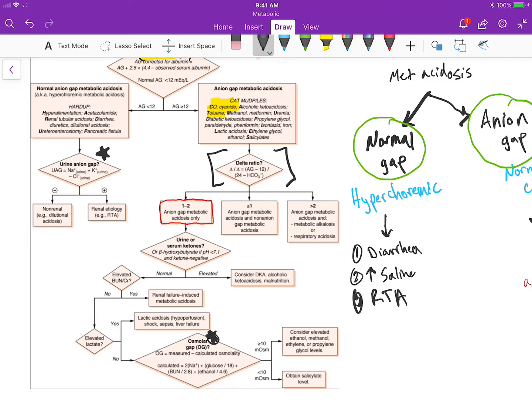So the laboratory is picking up an increase in osmol gap, and that's not due to things like sodium or glucose or what have you. It's due to another substance taking up space and adding to the osmoles. That's why we utilize a calculated osmol gap instead of the detected or observed osmol gap. All right, and that pretty much sums it up.